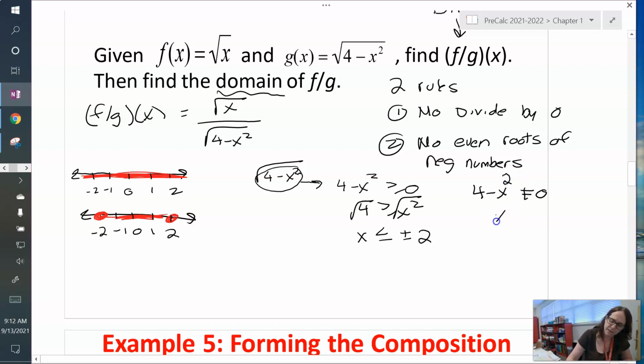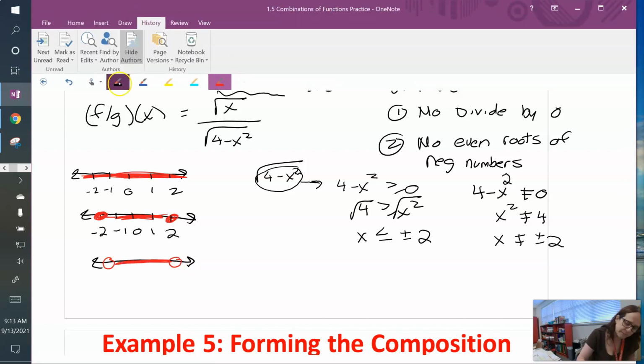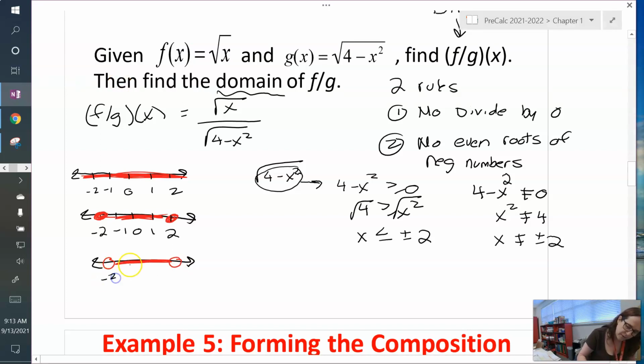So that means that x squared cannot equal 4. X cannot equal plus or minus 2. So now, looking at my domain, I have to take out those 2's. So I'm going to have an open circle at -2 and an open circle at +2, everything in between. So -2, -1, 0, 1, 2.